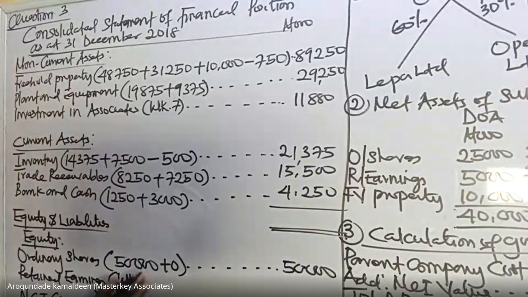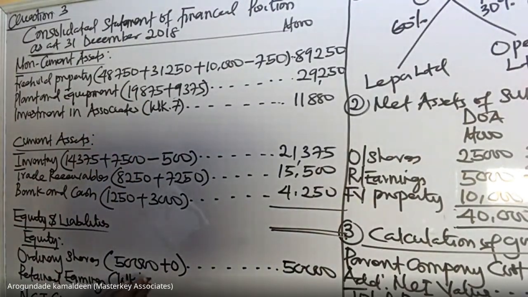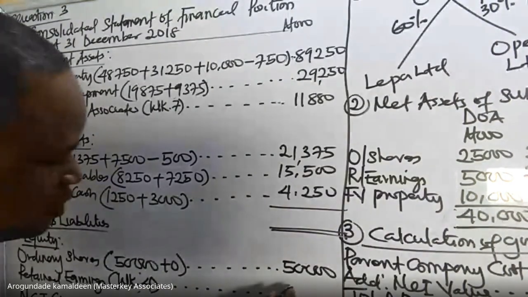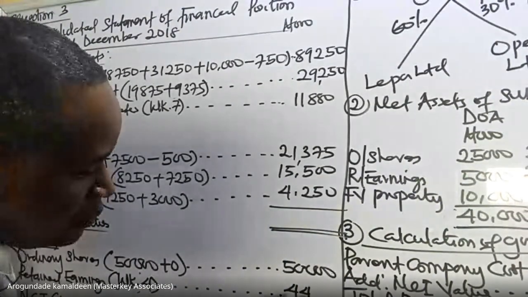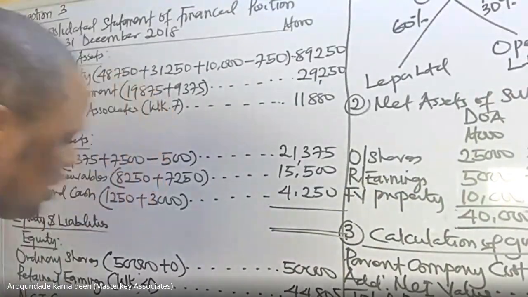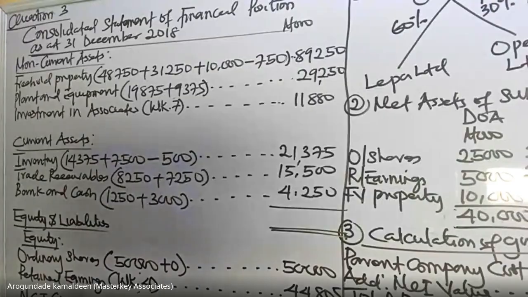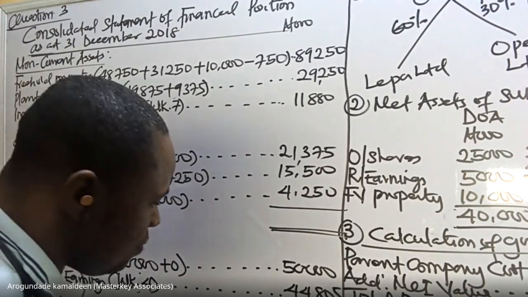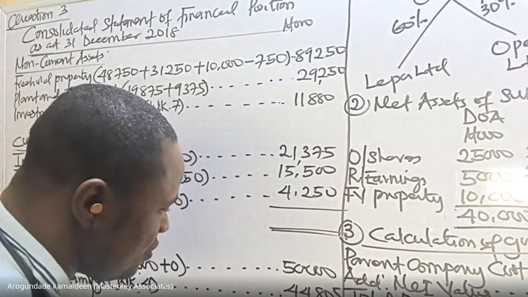The retained earnings that we got here, note 4, the consolidated retained earnings is 44,805. So help us add that first. 50 plus 44,805. 94, right? Please, class, let me check you.